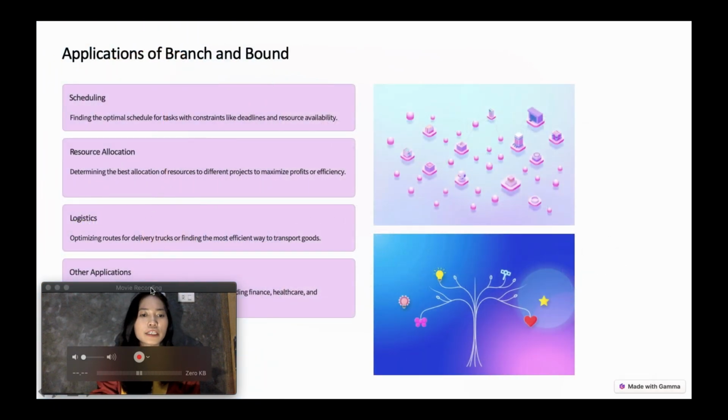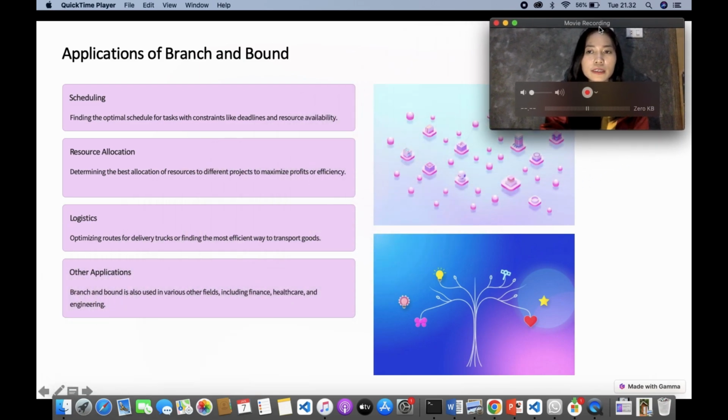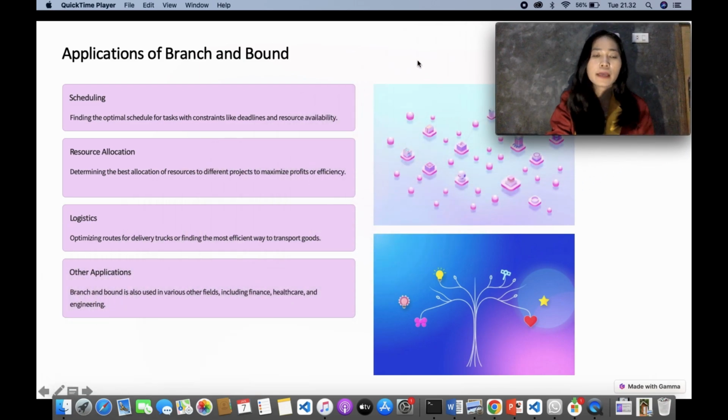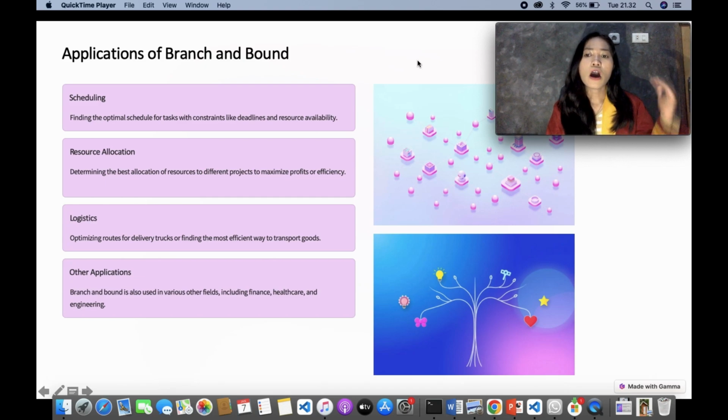And applications of branch and bound. Step one is scheduling. Finding the optimal schedule for tasks with constraints like deadlines and resource availability. Step two, resource allocation. Determining the best allocation of resources to different projects to maximize profit or efficiency.